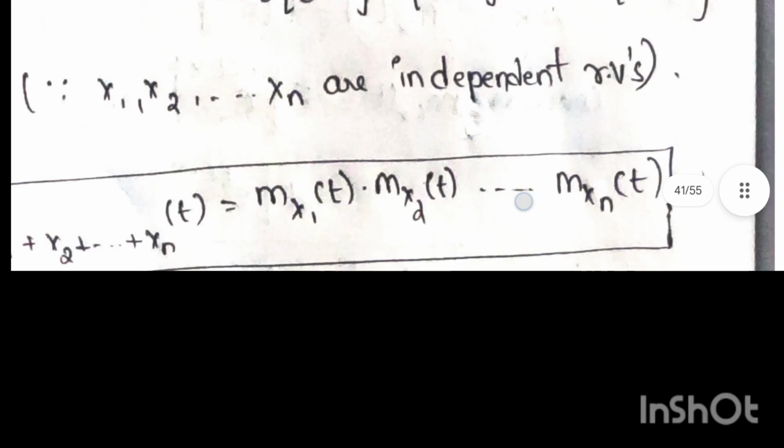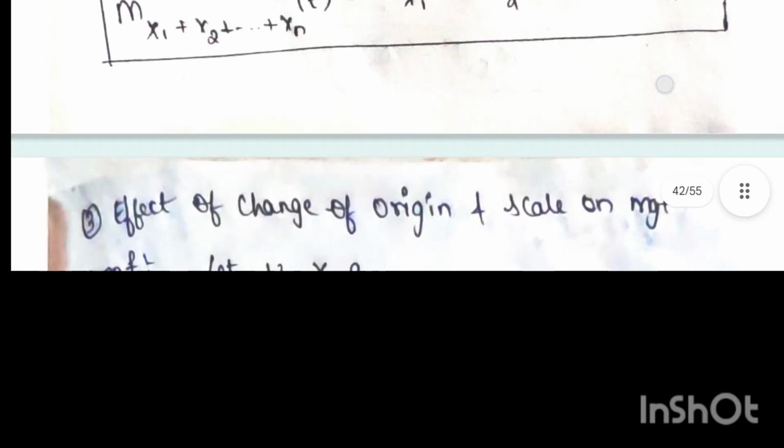Hence this becomes Mx1 of t, Mx2 of t and so on. So this is called the additive property of the moment generating function.